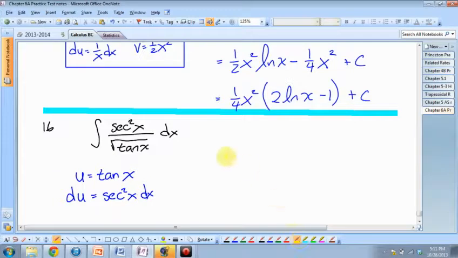Oh, this is very nice. We have the dx, we have the secant squared. All of that's going to turn into du.